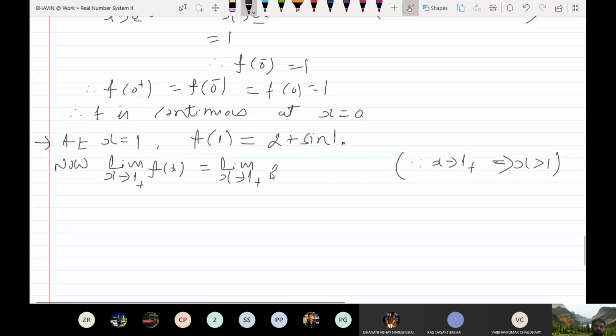So here I should write 2 plus sine x, and then I should write 1 in place of x. So f of 1 plus is equal to 2 plus sine 1.